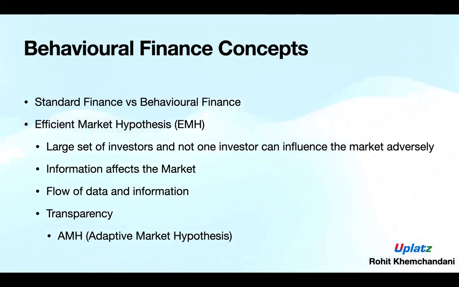Coming to this topic, standard finance versus traditional finance. Just before moving on to this topic, we'll quickly discuss some market strategies. Market strategies can be market timing and technical analysis.